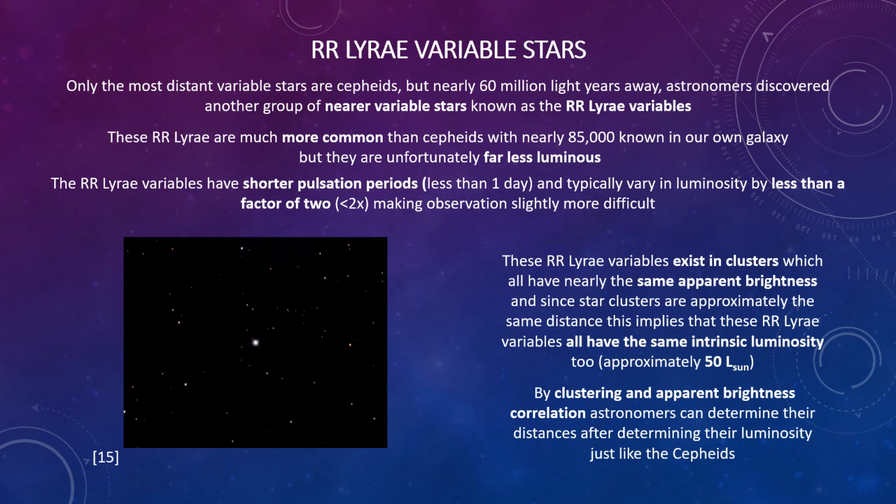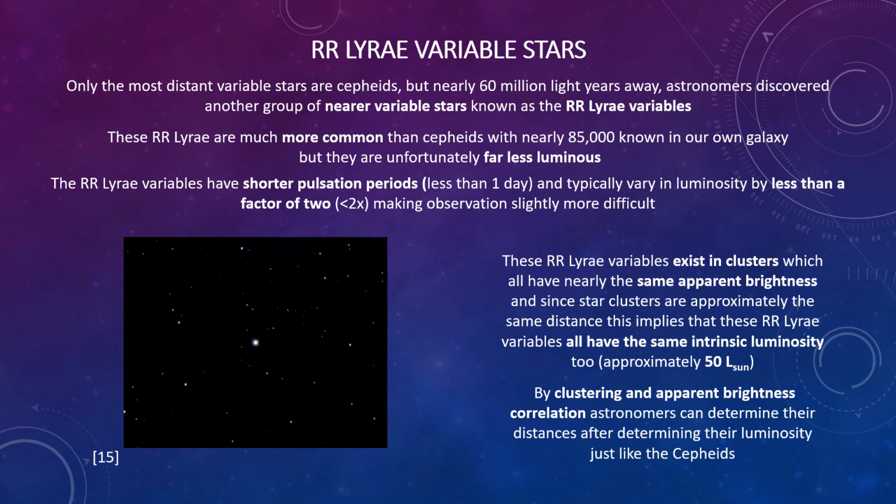There is another type of variable star, which we call RR Lyrae stars, named for the first one that was discovered in the constellation Lyra. And these RR Lyrae are much more common than Cepheids, with about 85,000 known so far in our own galaxy.